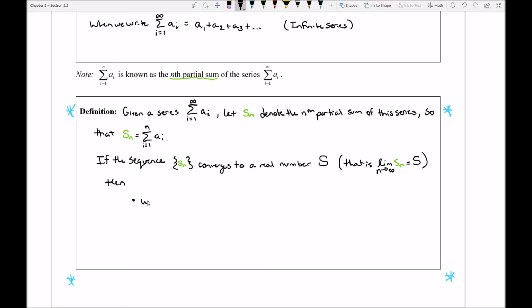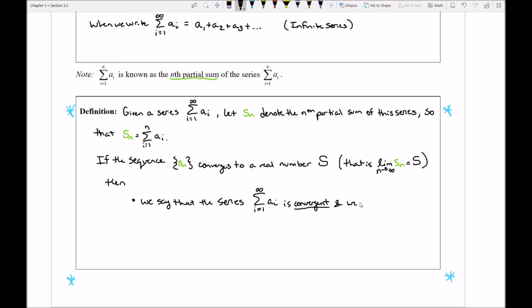So here's what we say. If this green sequence converges to a real number S, we say that the series that goes from 1 to infinity, that is the series that we started with, we will give it the name convergent.